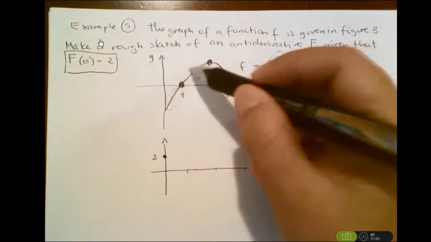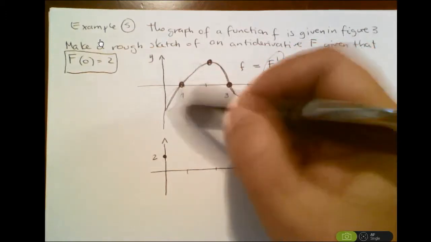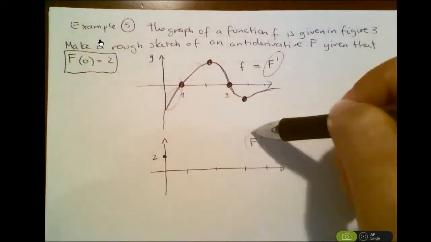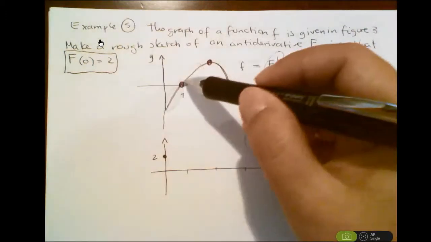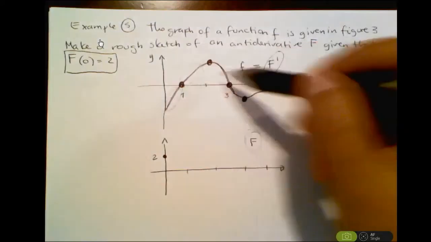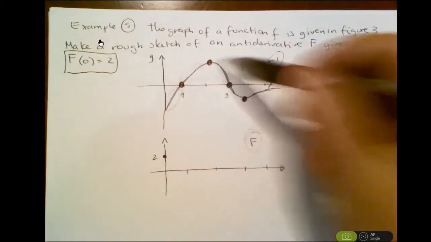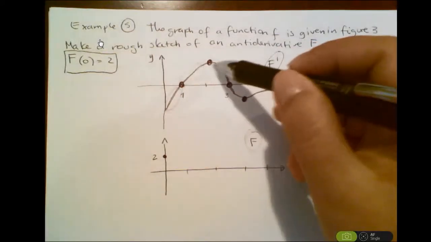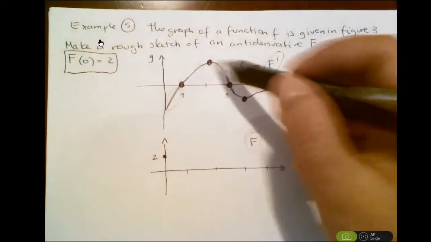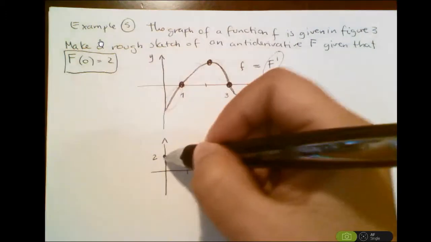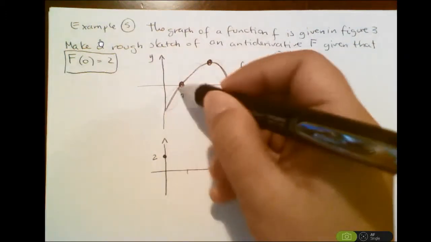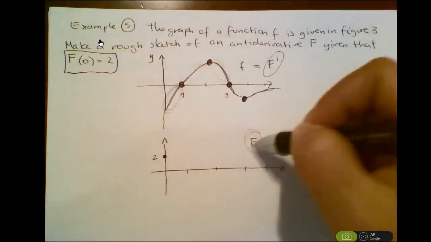In here, I'm not talking about the derivative of this graph, but about f. If this graph is the derivative, that means the derivative is increasing and it's positive. In here, capital F prime is positive, but it's decreasing, and so on. So if you are going to start from here, you want to know how capital F behaves.